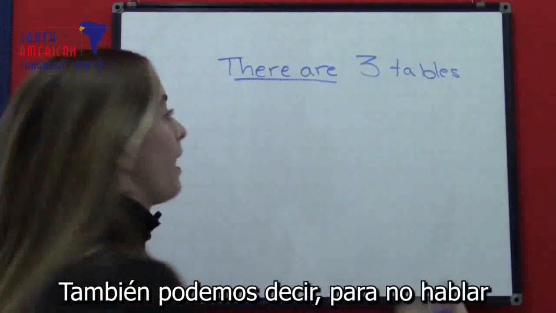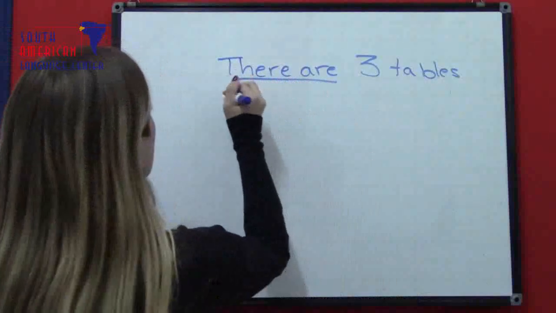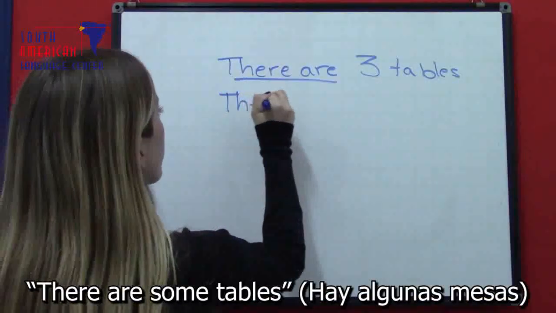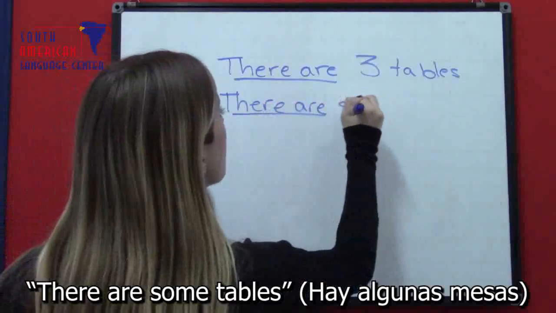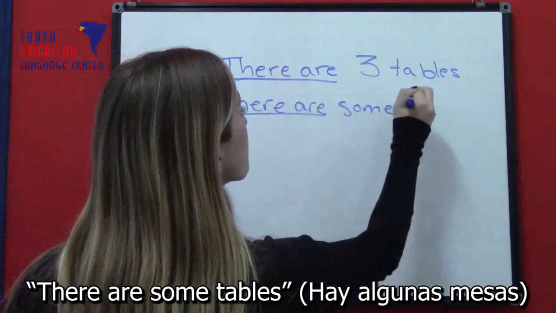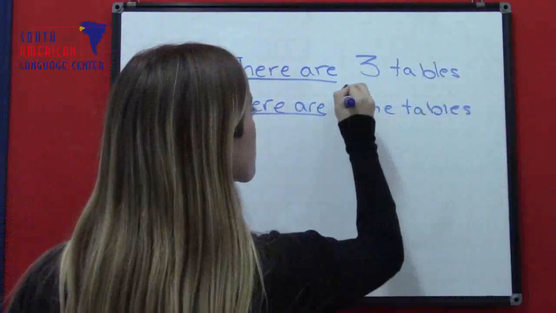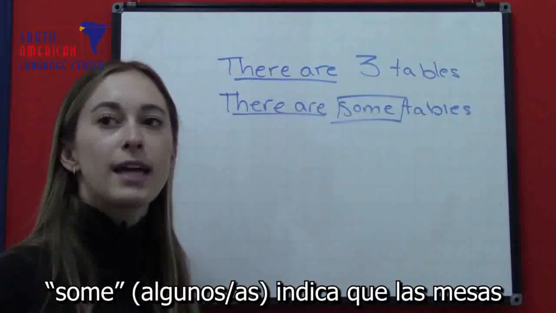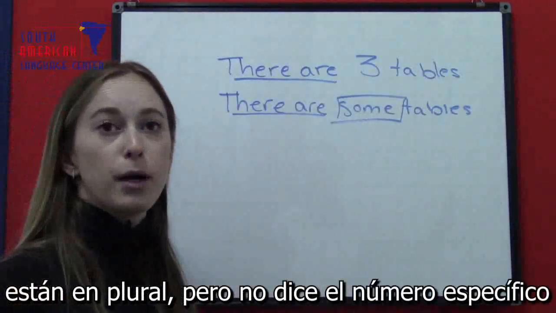We could also say, if we're not talking about a specific number, like 3, there are some tables. Some indicates that tables are plural, but it doesn't say the specific number.